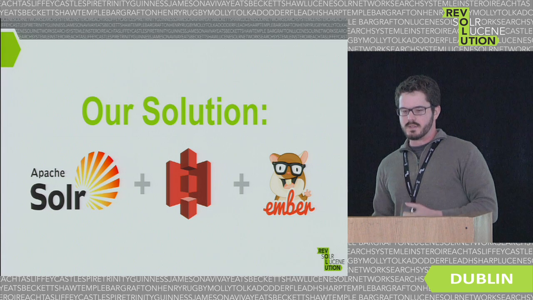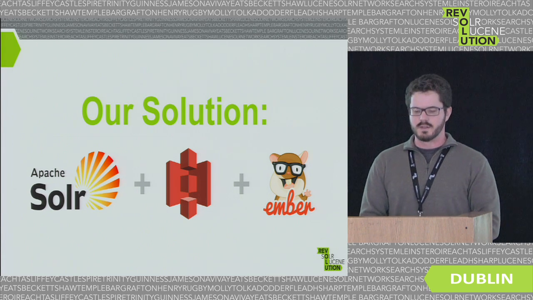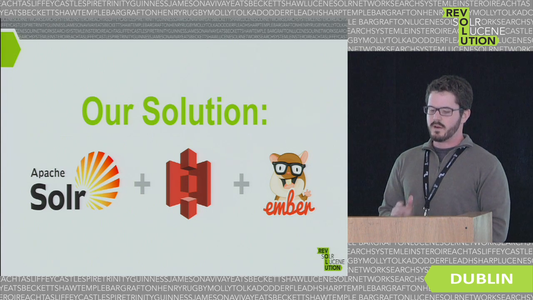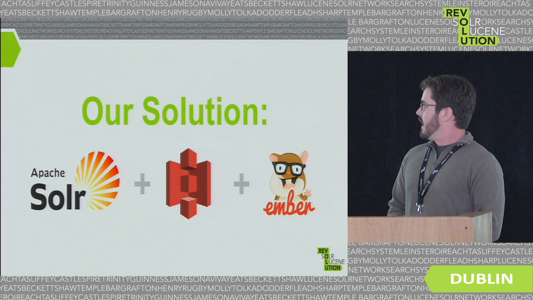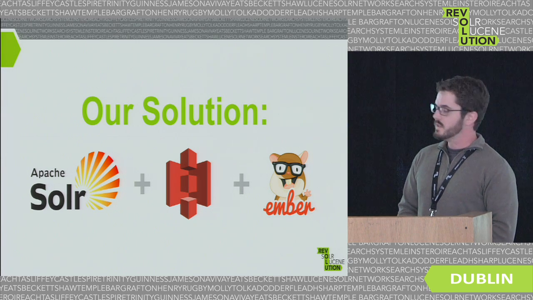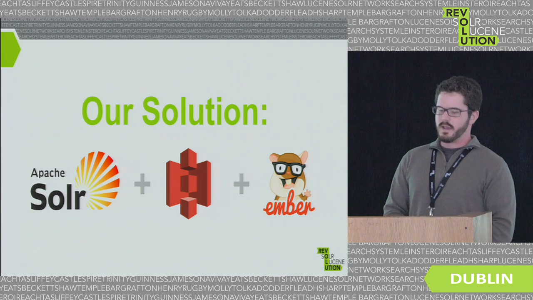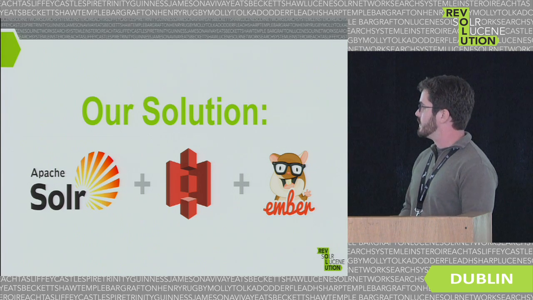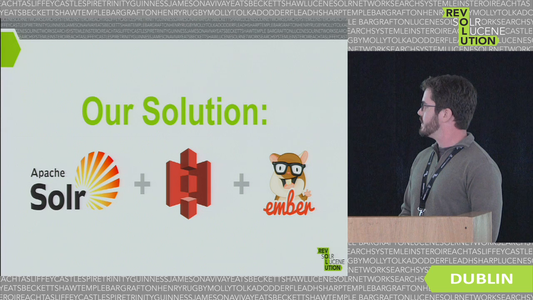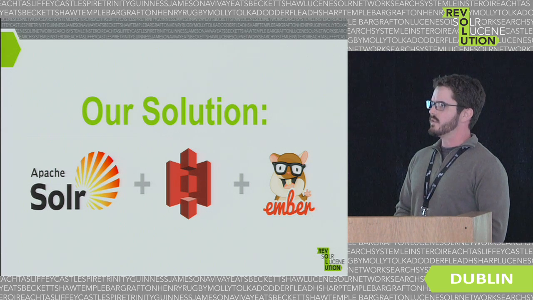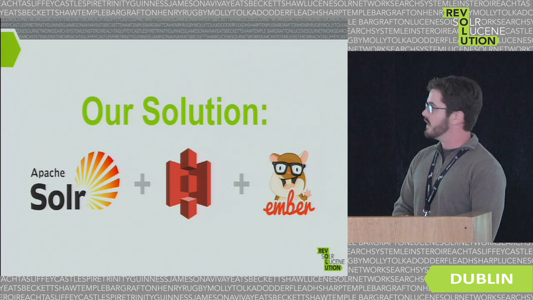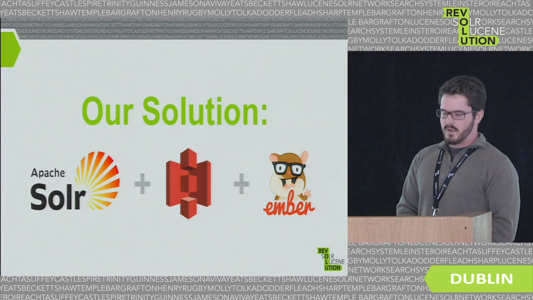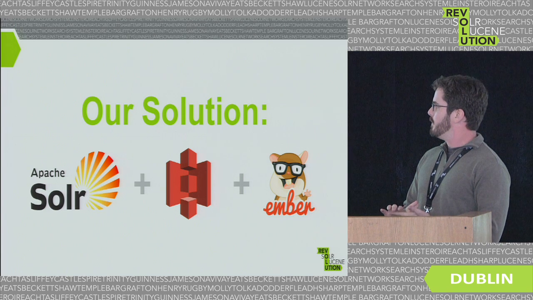So we weighed our options and decided that a client-side search application was the best approach for this project. Our technology stack ended up being Apache Solr for the back end. This is where we stored all of our text data, so the original Chinese, the machine translation, as well as paths to our assets that were stored in Amazon S3, which is what held all of our patent images.